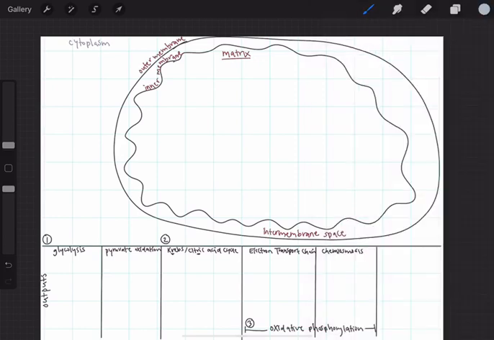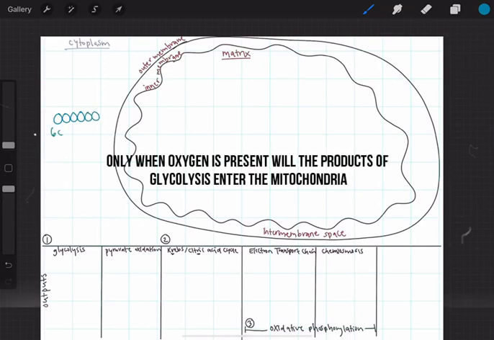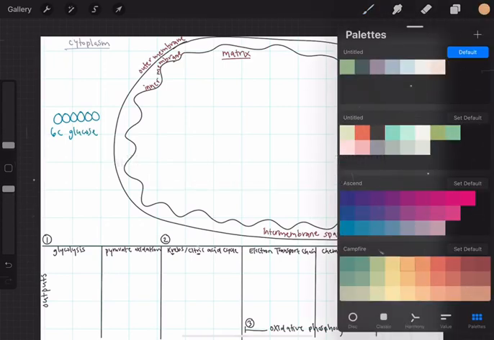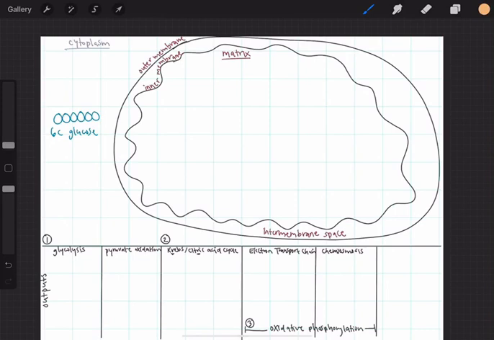Now, going back into the cytoplasm, this is where glycolysis is going to take place. Let's start with a glucose molecule. We all know that cell respiration starts with glucose. It is a 6-carbon molecule, and for glycolysis to take place, we need to invest 2 ATP molecules into these reactions.